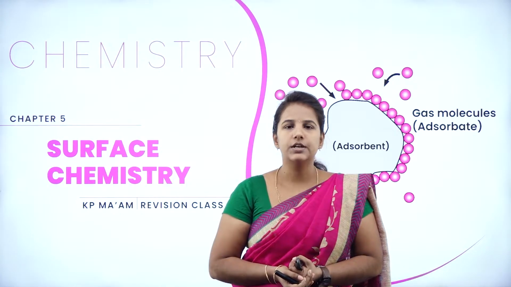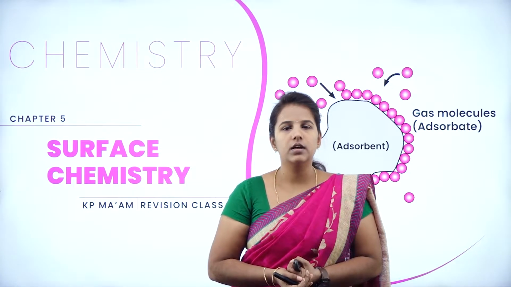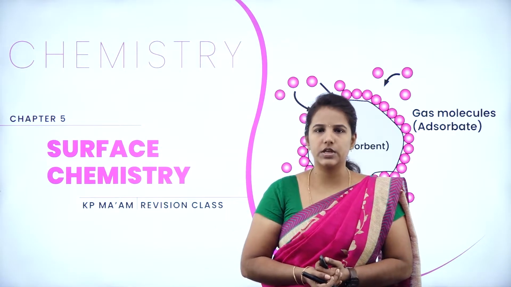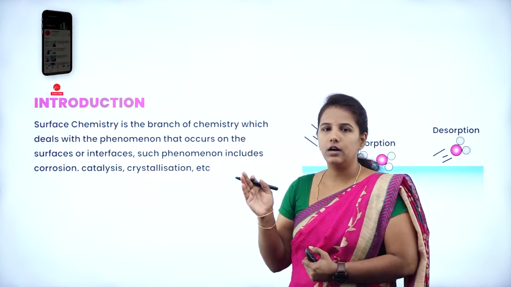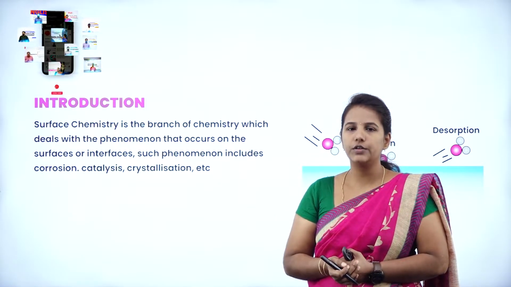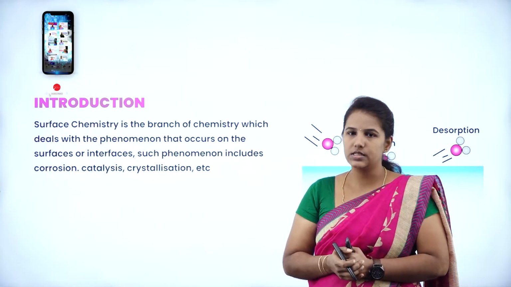My dear students, today we are going to start with a revision for Unit 5, Surface Chemistry. So before going to see the weightage of this unit, let us see what we are going to deal with in this unit.